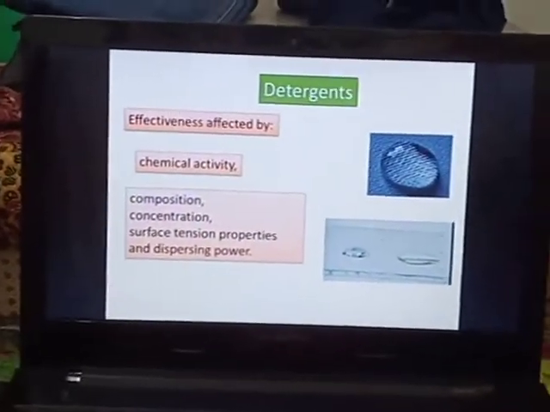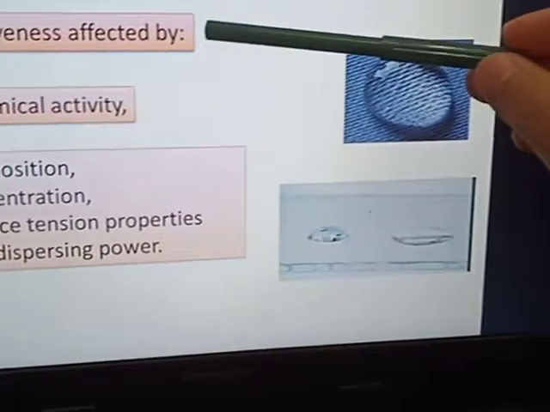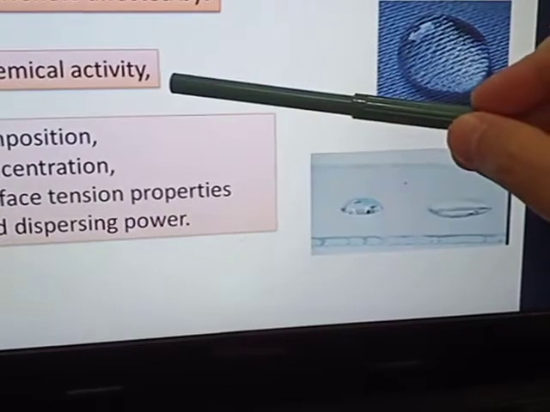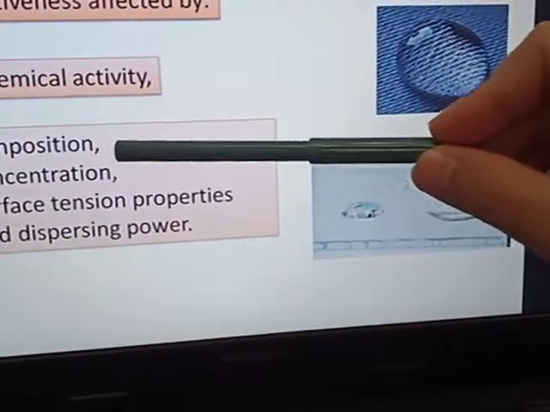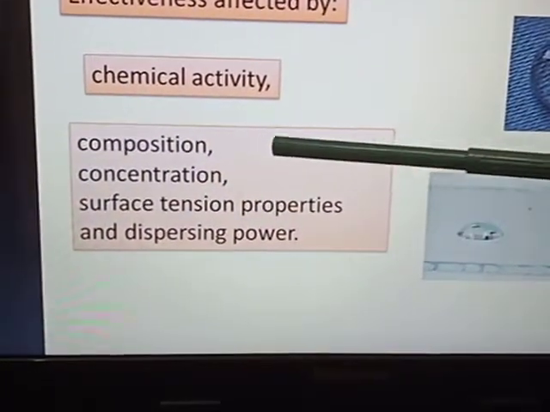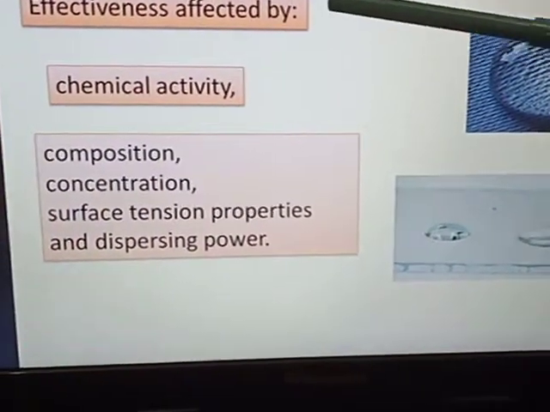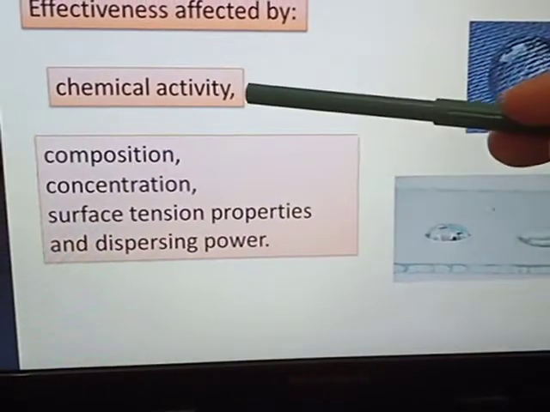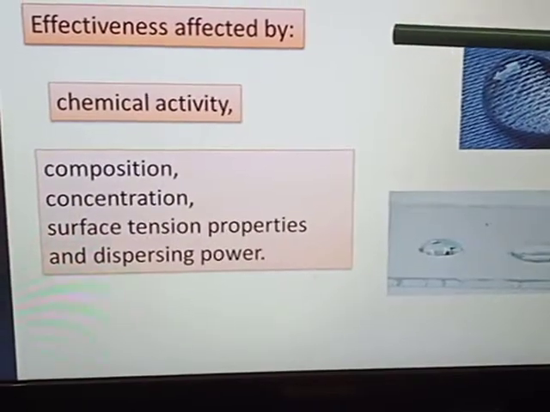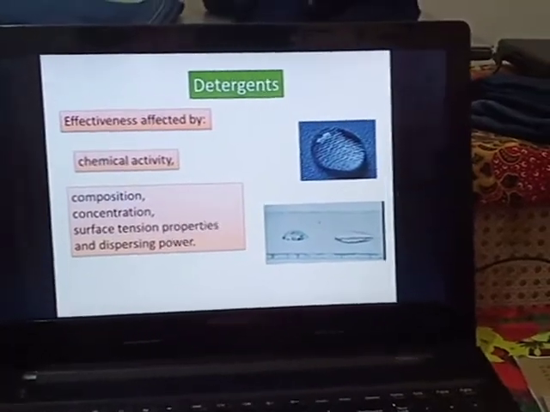One of the first factors is detergent. What is detergent? The effectiveness of detergent is affected by the chemical activity, composition, concentration, surface tension, and dispersing power. Chemical activity is how the chemistry of the detergent reacts with the dirt, how the detergent will dissolve the dirt inside the equipment.